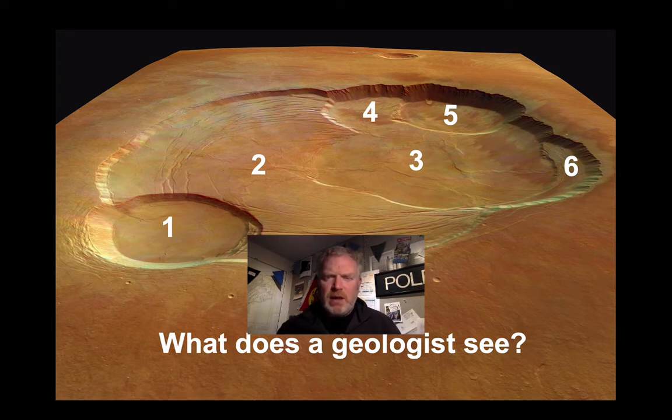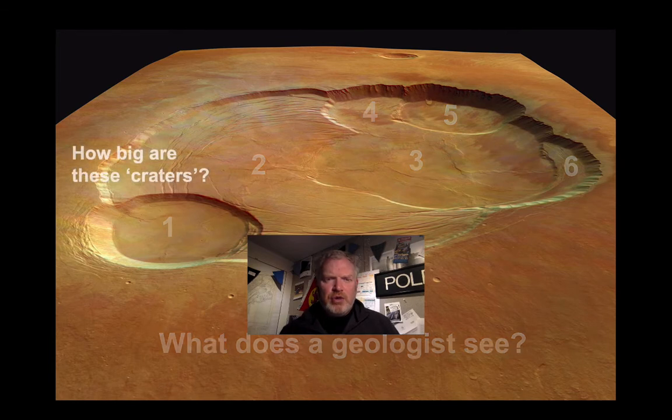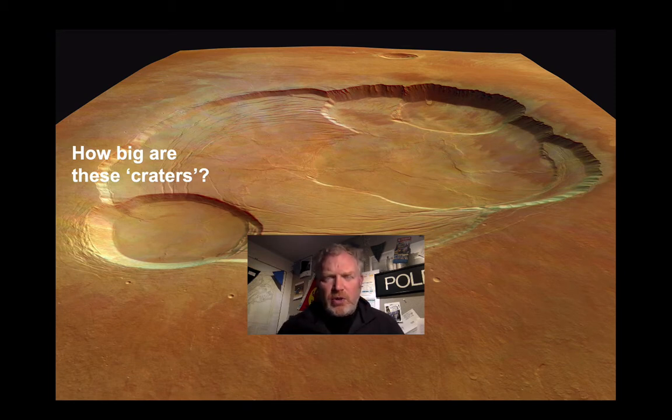But let's start by trying to work out how big these craters actually are, just so we get some idea of size. We already know that Olympus Mons is huge, but how big are these? Now, when you look at your image of these, you can see that the main crater at the top isn't completely circular.